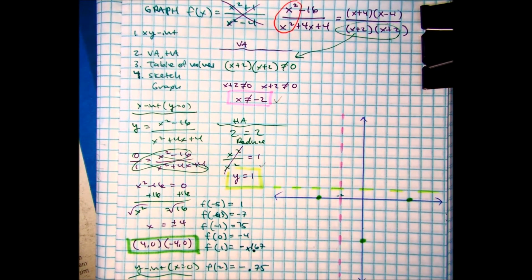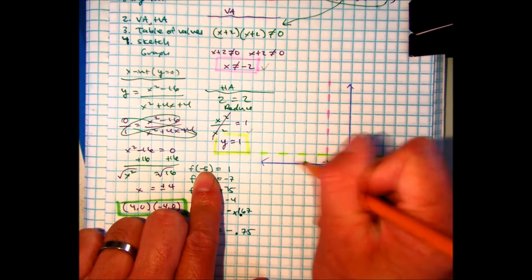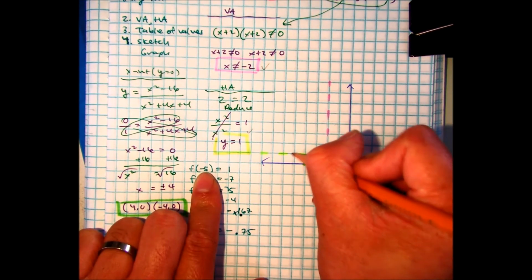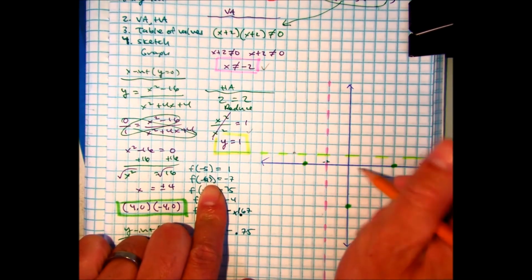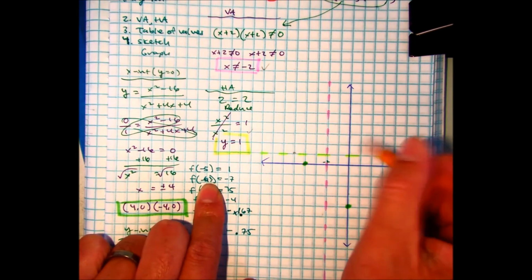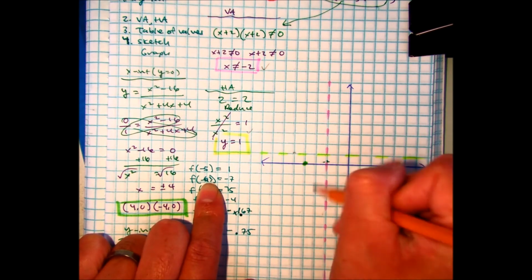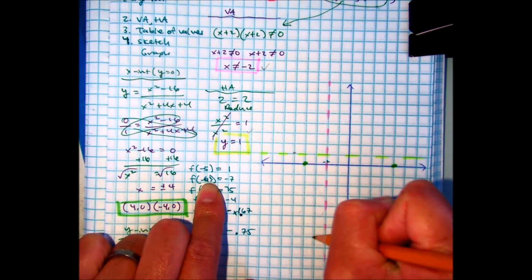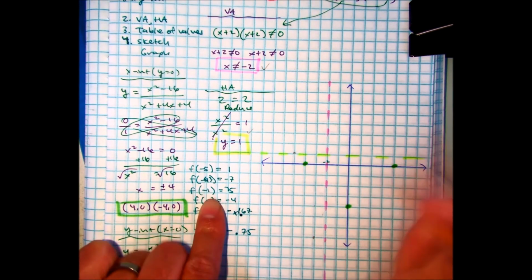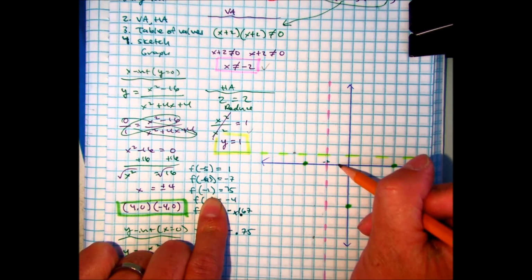Okay. Let's graph them. -5, 1. 1, 2, 3, 4, 5. Uh-oh. Did you guys see this? On my asymptote. Oh, no. -3, -7. -1, -15.